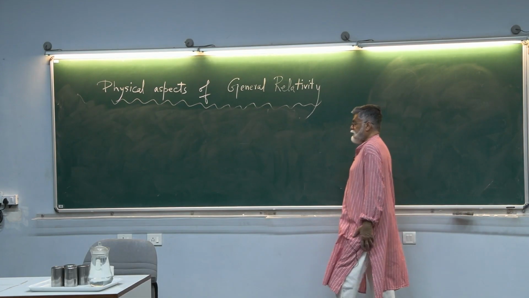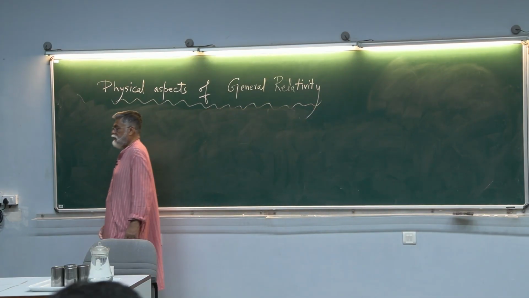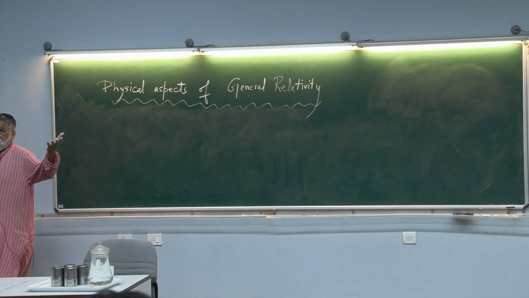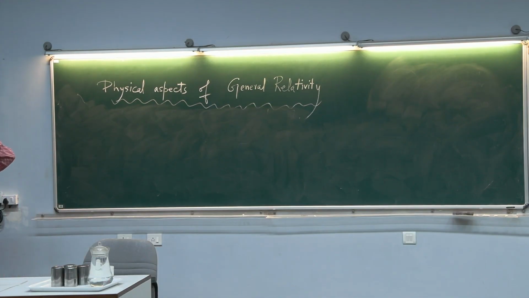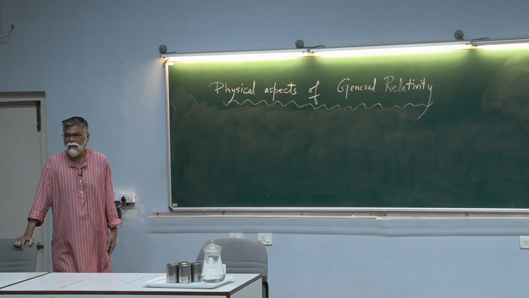Very often people ask, okay, in special relativity, light travels with speed c. Light, or any zero rest mass particle, travels with speed c. So therefore, you might ask, in a curvilinear coordinate system, when space-time is curved, does light travel with speed c?